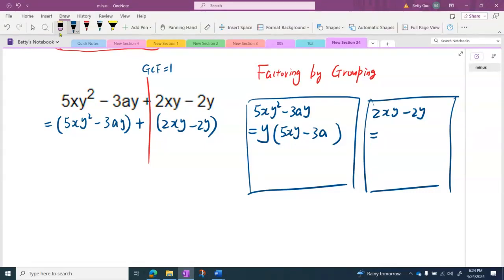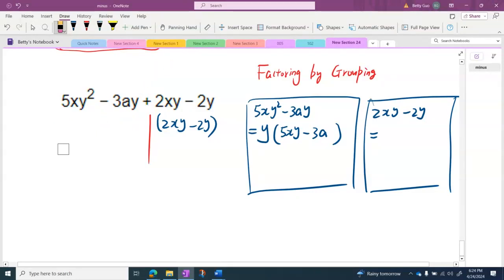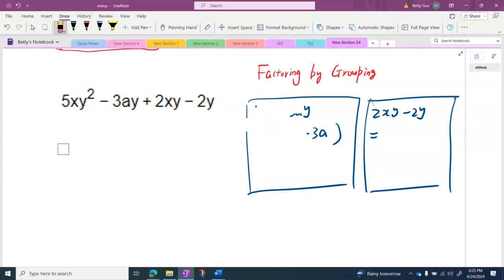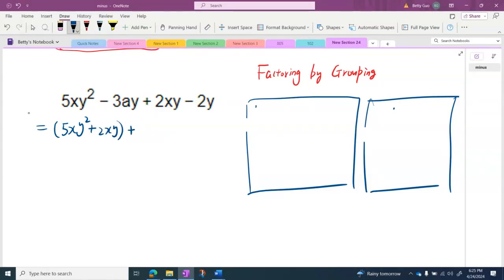Okay, I got it. I might say that it always works when you group the first two and the last two, but this one is the exception. We're supposed to group the first and the third, and then the second with the fourth. Has to be like that.